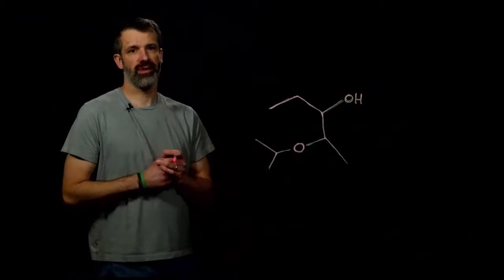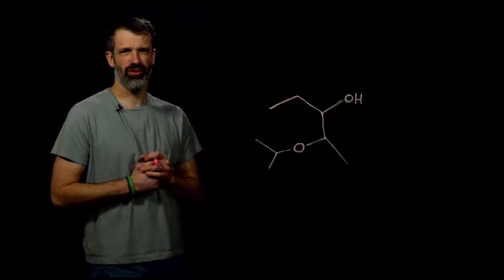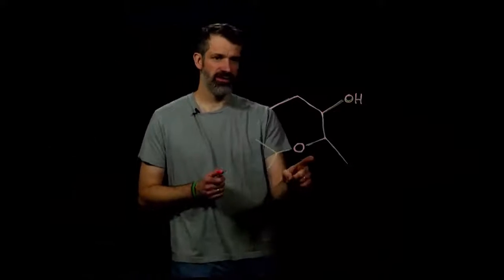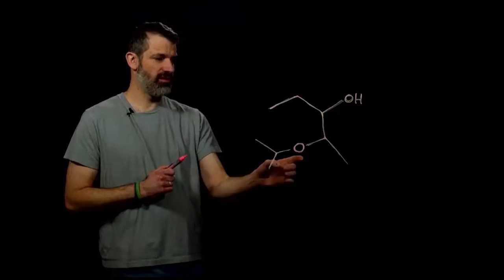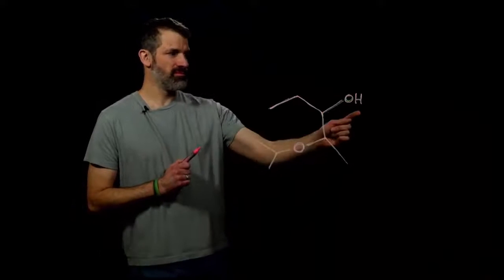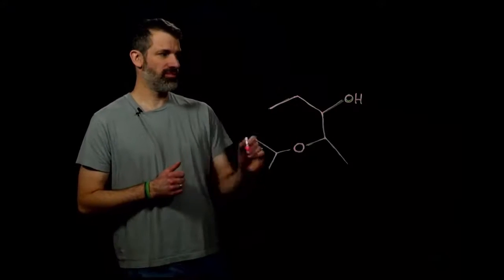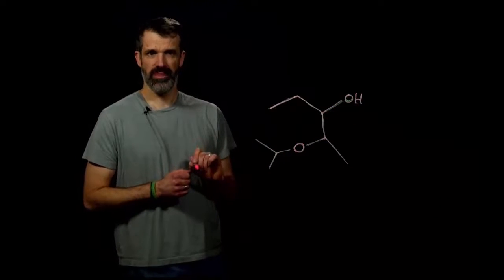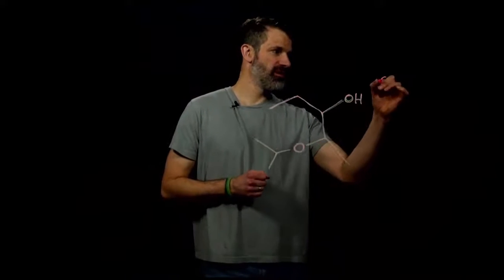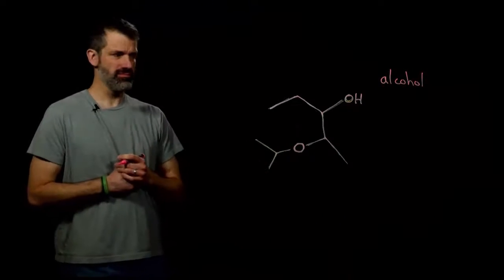Okay, in naming this compound, we first want to take a look and see what is the highest priority group. I have 2 functional groups present. I have an ether group located here, with carbon-containing groups on either side of this oxygen, and also a hydroxyl or alcohol group located over here. Alcohol is the higher priority group, so we are going to name this as an alcohol compound.